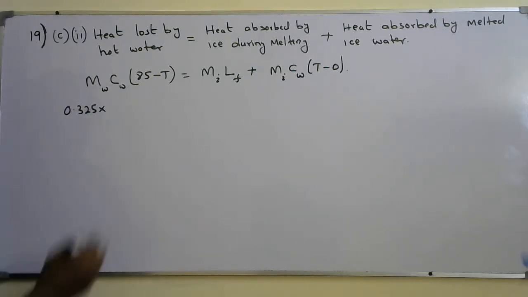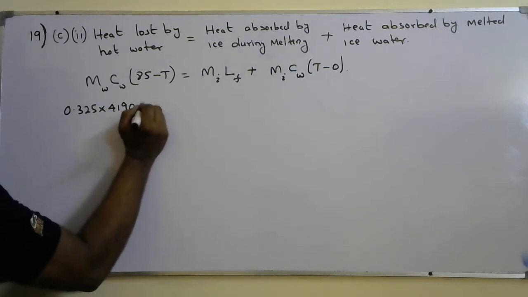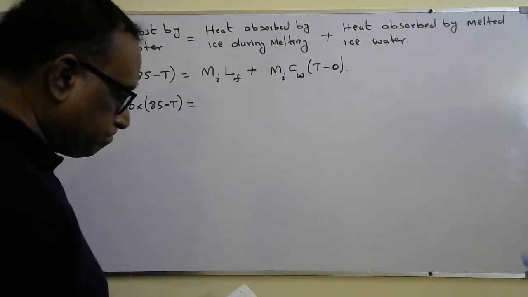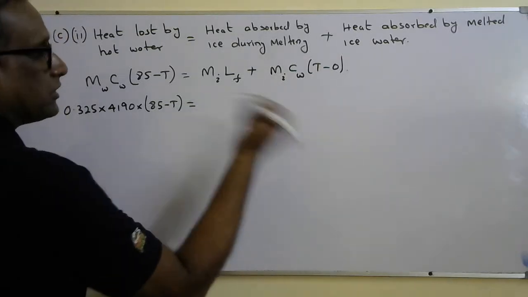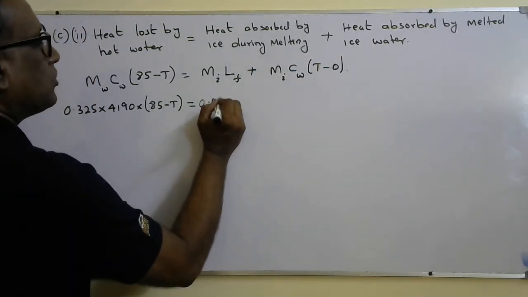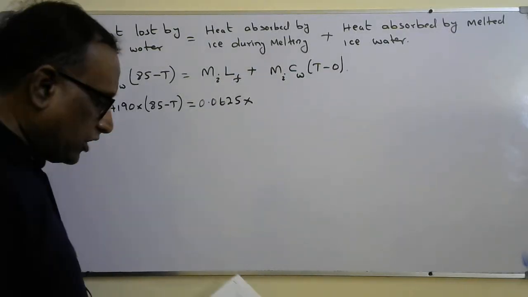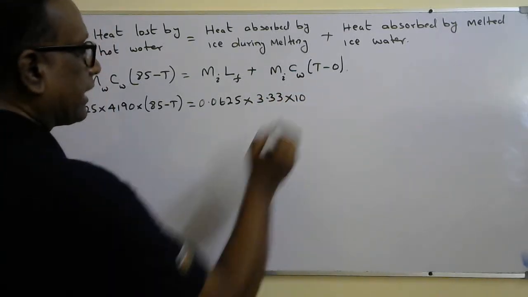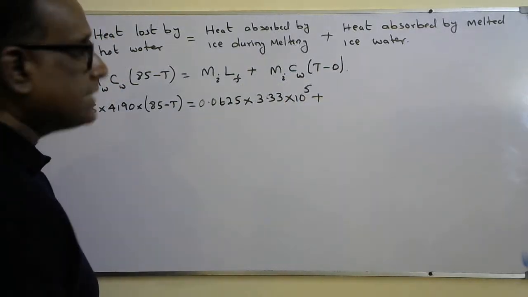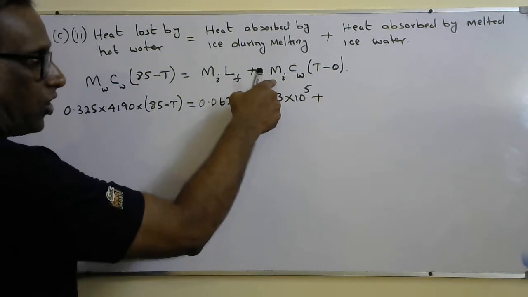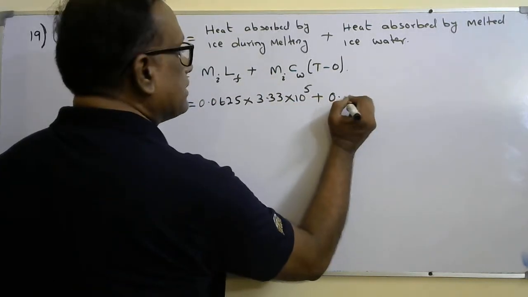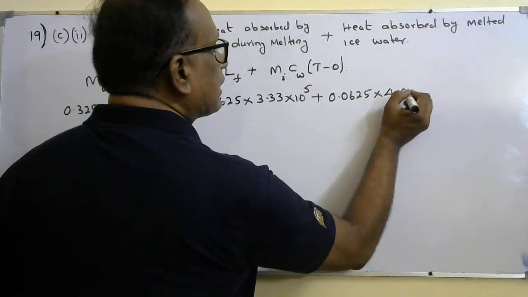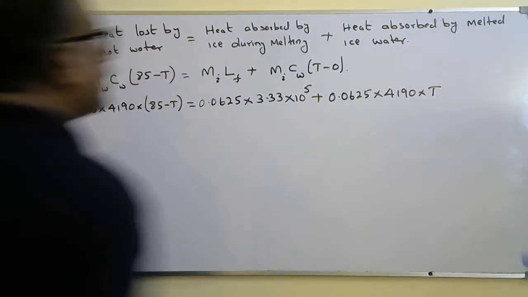Specific capacity of water is given as 4190 times (85 minus T) equals mass of ice, given as 62.5 grams, divide by 1000 to convert to kilogram, it will be 0.0625, times latent heat of fusion of ice, given as 3.33 times 10 to the power 5, plus mass of ice, actually it has become water now, same mass as the ice, 0.0625, times the specific capacity of water 4190, into T. I need to find the T, that's all.